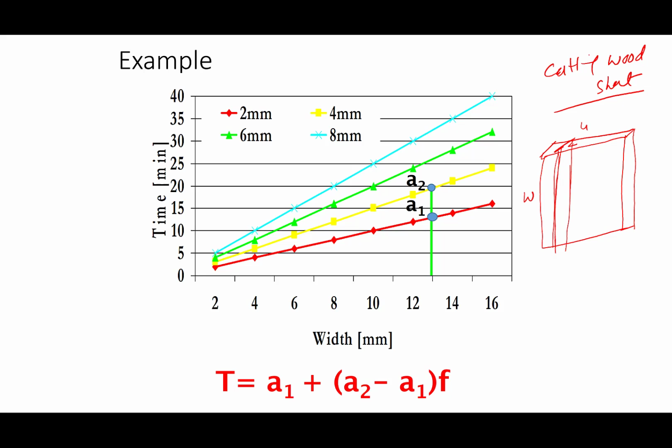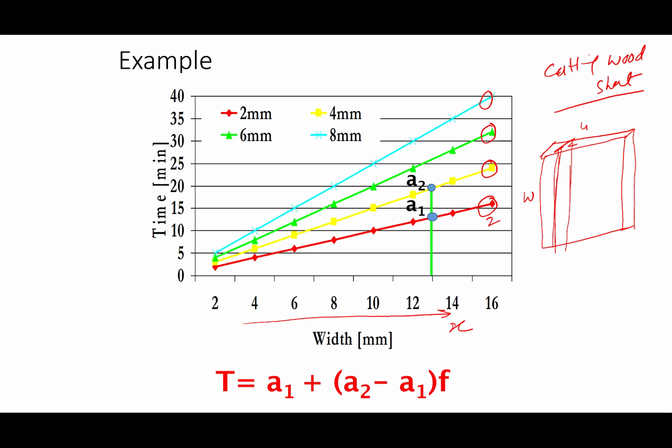So the time for cutting the wood sheet of different widths is plotted on the x-axis. It can be in tabular form also, that is fine. This is just a graphical method. Now the time for cutting 2 mm is plotted like this, time for cutting 4 mm is plotted like this, and 6 mm and 8 mm likewise.